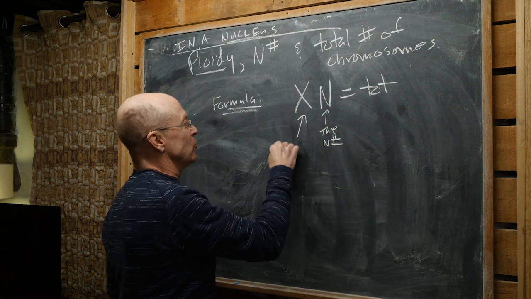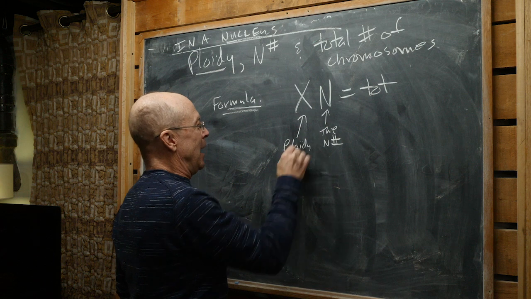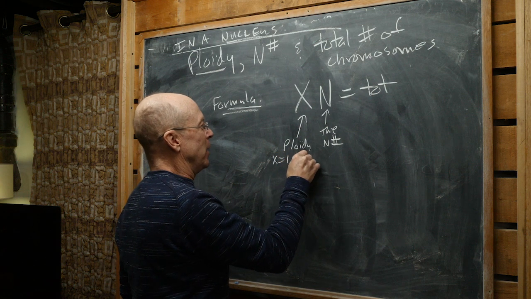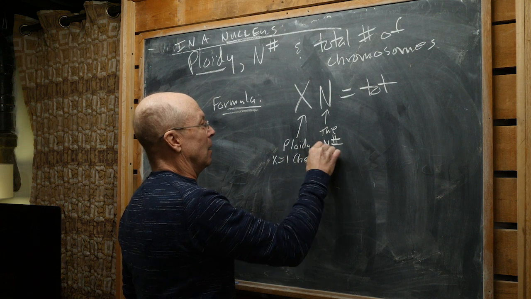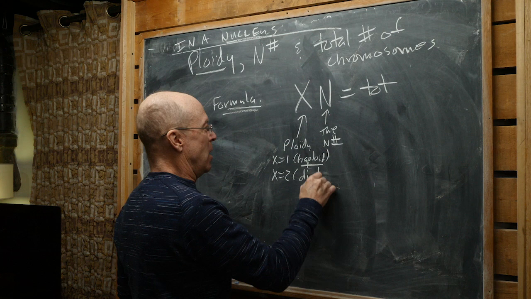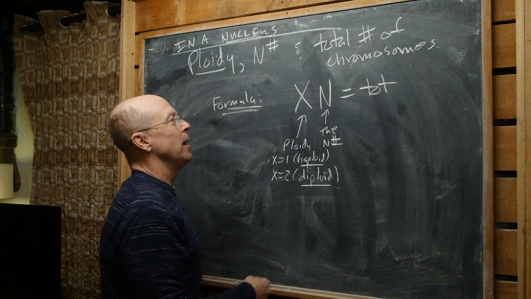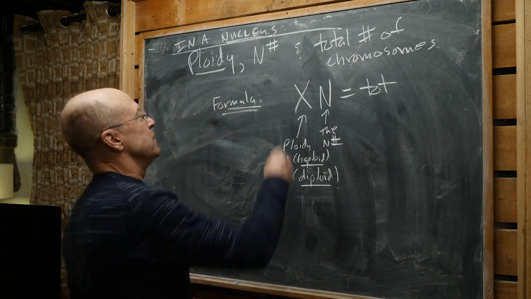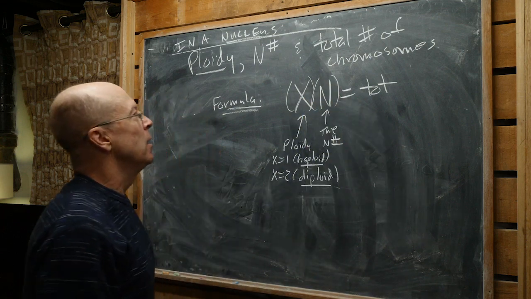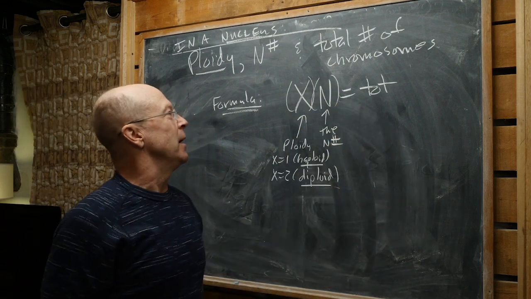X is equal to the ploidy. And x equals 1 if it's haploid. X equals 2 if it's diploid, and so on and so forth. Okay? And the beauty of this is that all you have to do is multiply these two values to get the total number of chromosomes in a nucleus.